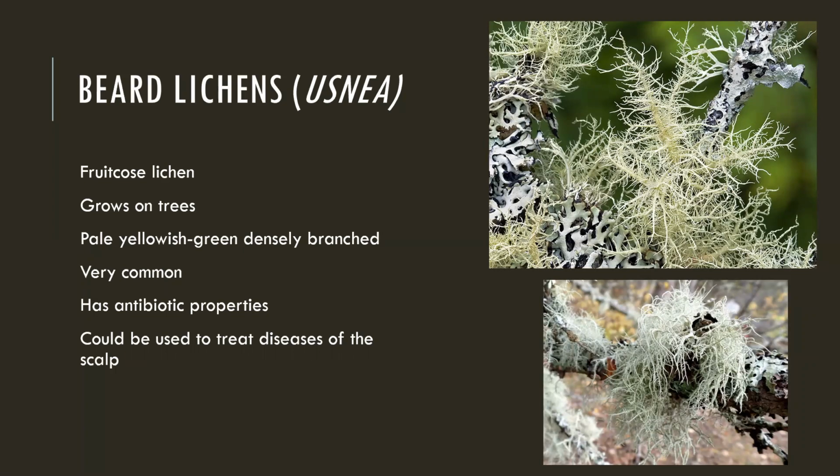Yeah, they will grow on the tree trunk as well. They're very densely branched. Very common. It surprisingly has antibiotic properties, which I did not know about. It can also be used to treat diseases of the scalp.